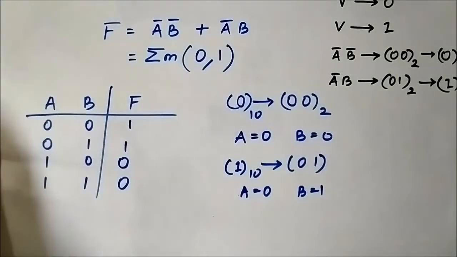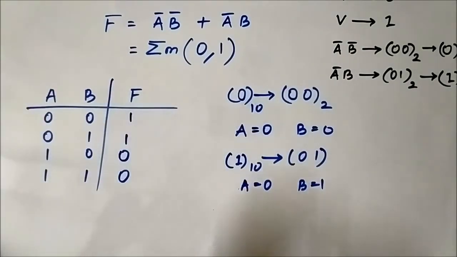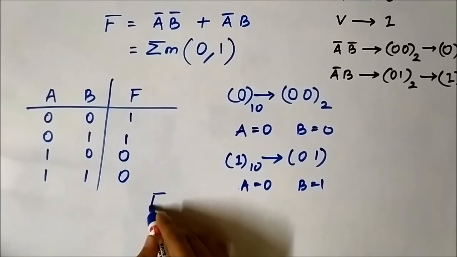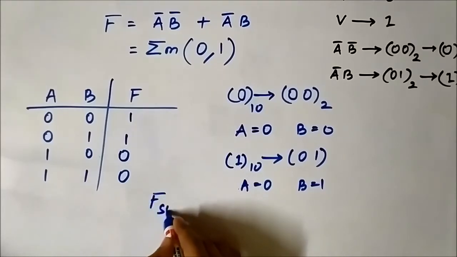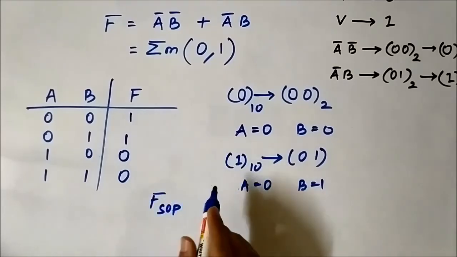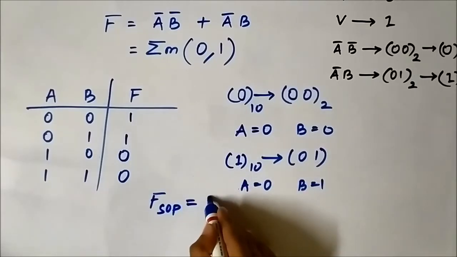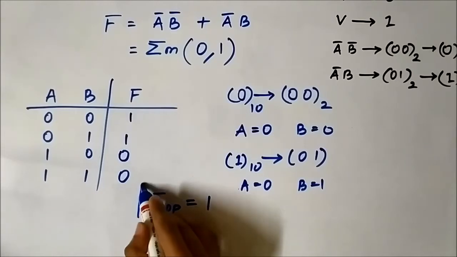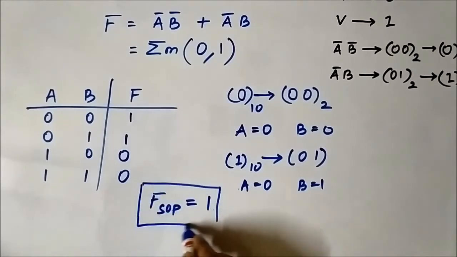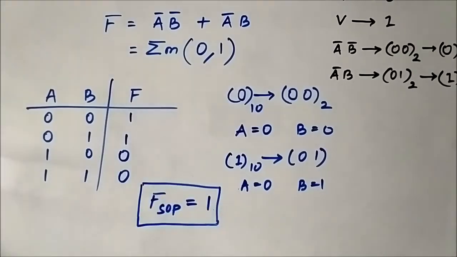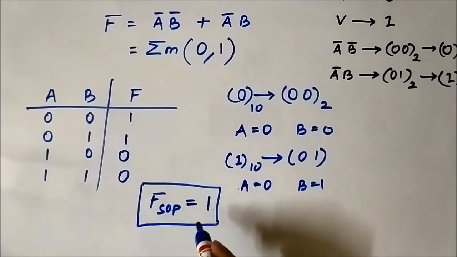So we can say that the Boolean expression given in SOP is applicable for those input combinations where it is equal to 1, logic high. F SOP is equal to 1.